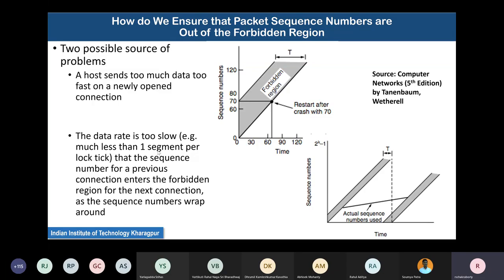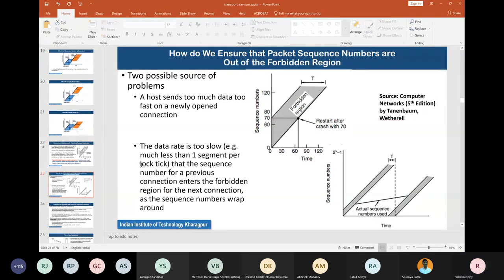By the way, let me just correct. The maximum data rate at which data can be sent is 1 segment per clock tick. Why? Because the segment numbers should not increase beyond 1 segment per clock tick.